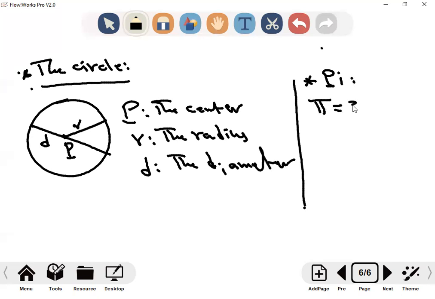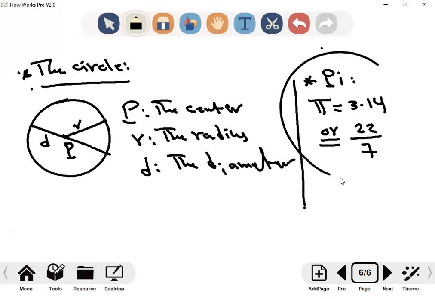It's a 3.14, or we can use fraction, 22/7, right? So the pi can be 3.14 or 22/7. It is rounded. It's not exact value. We will use this pi in finding area and circumference, okay?